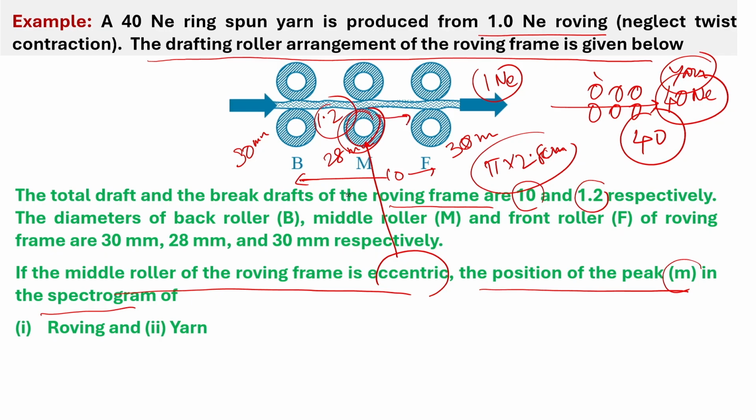What is the main draft? 10 is the total draft and the back zone draft is 1.2. This is the main draft, and if we multiply this value with the circumference of the middle roller, then we will get the periodic variation, that is the wavelength of the roving.